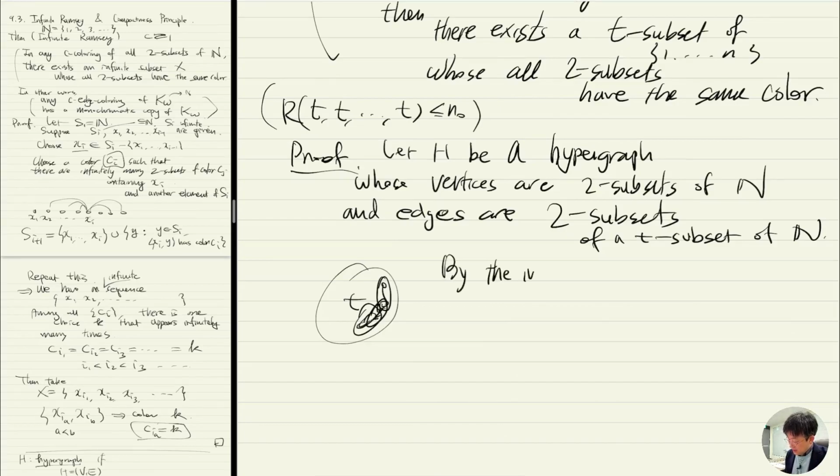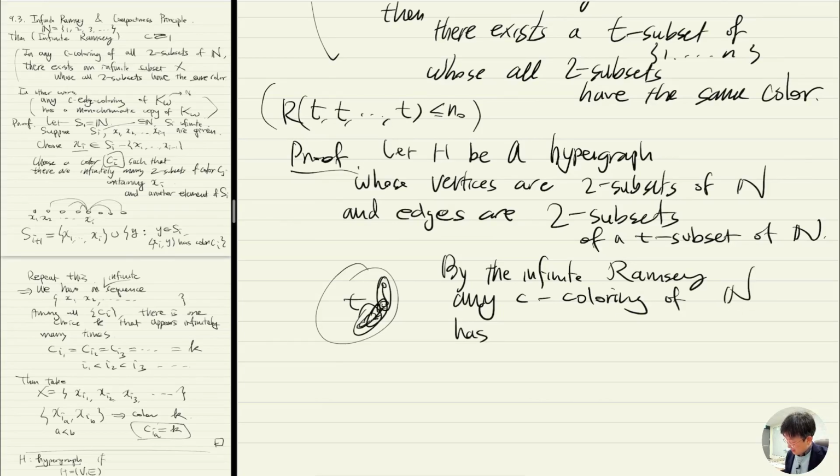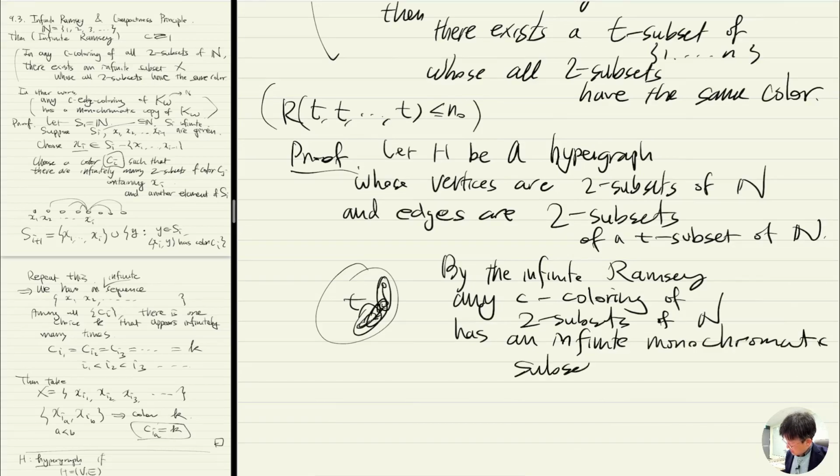By the infinite Ramsey, any C coloring of two-subsets of N has an infinite monochromatic subset.